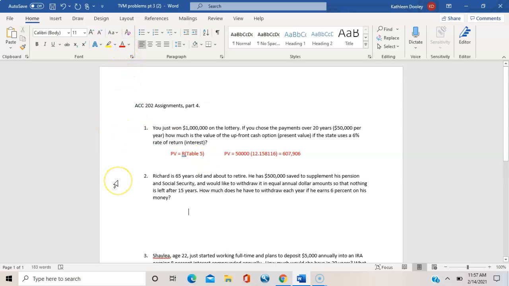Because we either have or need the present value, and we have an annuity due, we've got PV equals R times table 5.